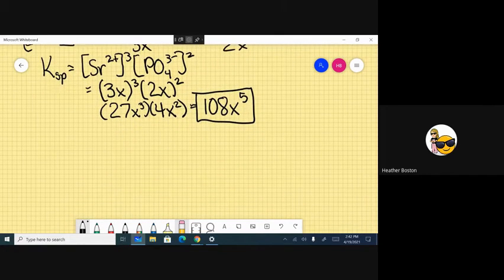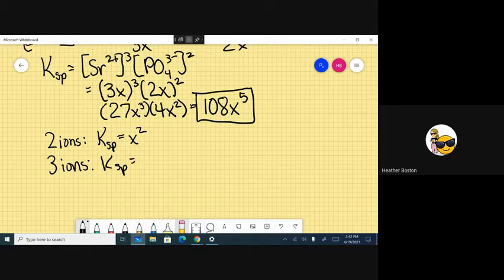So let's summarize that. So 2 ions, Ksp is equal to x squared. 3 ions, Ksp is equal to 4x to the 3rd. 4 ions, Ksp is equal to 27x to the 4th.